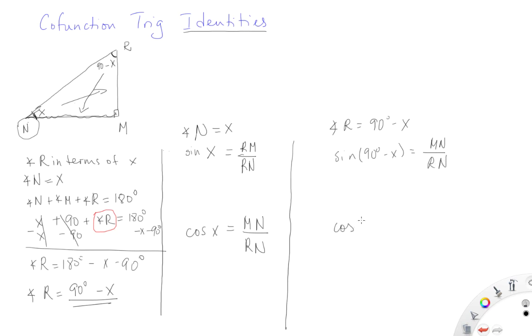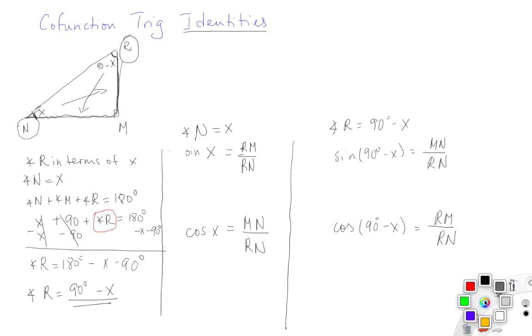And the cosine of 90 minus X is, the cosine is the adjacent side to angle R, which is this side over here. We call this RM over, again, RN, the hypotenuse.